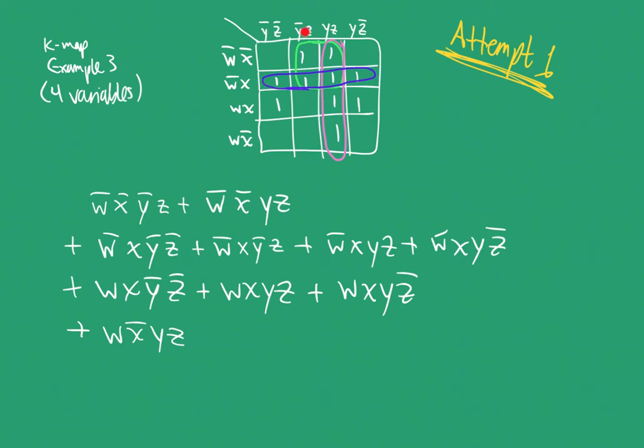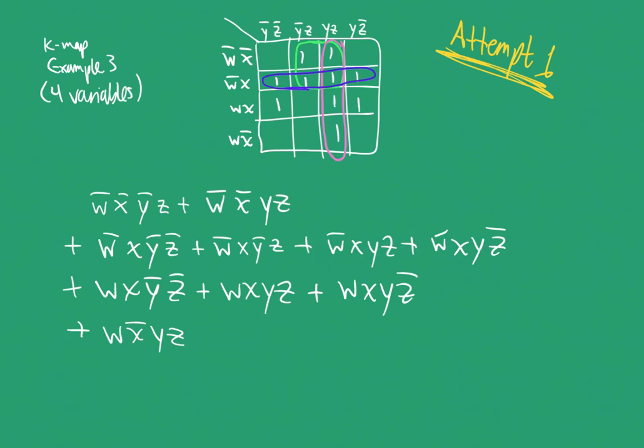We have every possible combination of y's and z's, which will simplify to 1, and that tells us all we have left is w bar x. And similarly for this pink column, we have every possible combination of w's and x's, negated or not, being added together. That simplifies to 1, which means this pink column just boils down to yz.